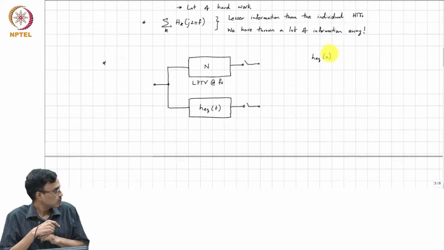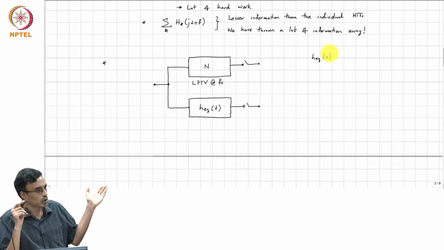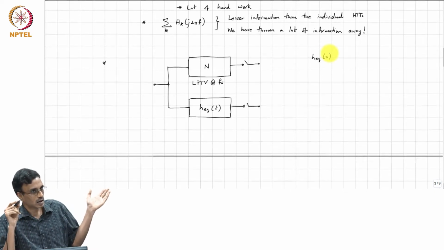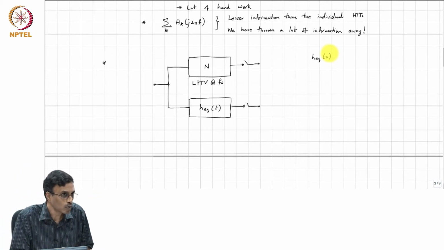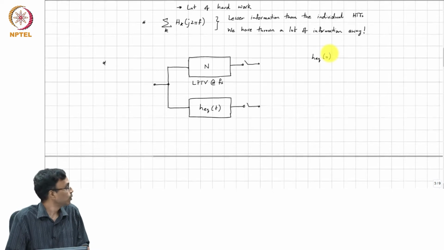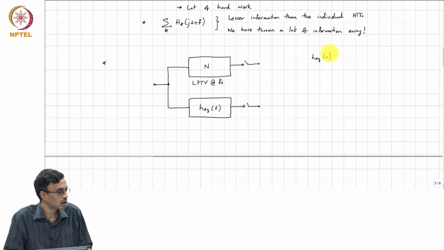So, if I am only interested in finding H equivalent of 0, what will I do? What can we do? At time t equal to 0, we will sample that. We will sample, but what are you going to do with the input?